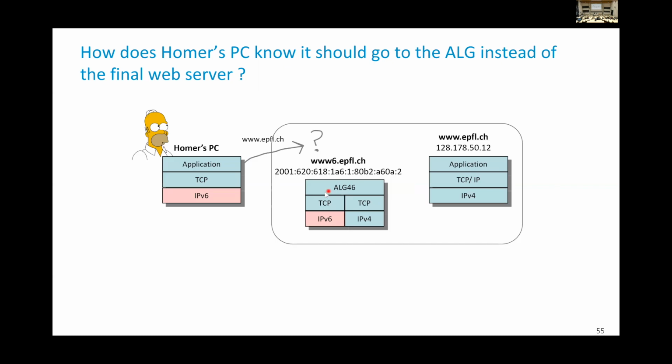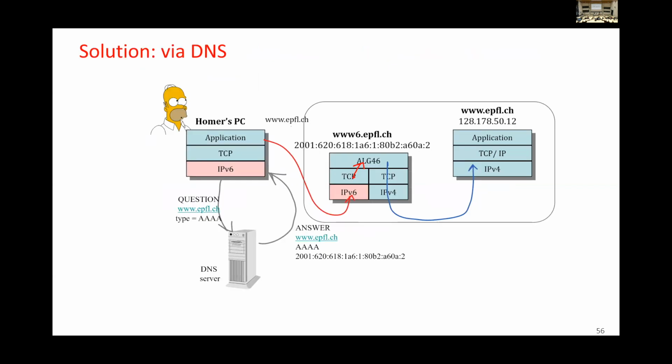How does this machine know that it has to go here rather than there? Well, again, the answer is with DNS. If you do such a trick, you have to put in the DNS records the IPv4 address of your service and the IPv6. Then it's very simple.